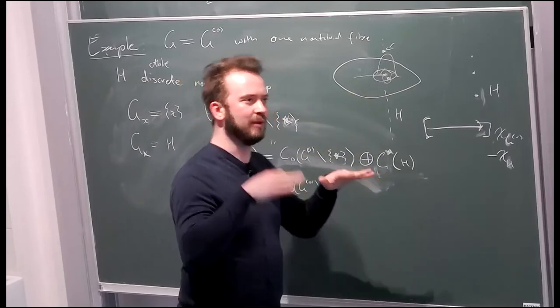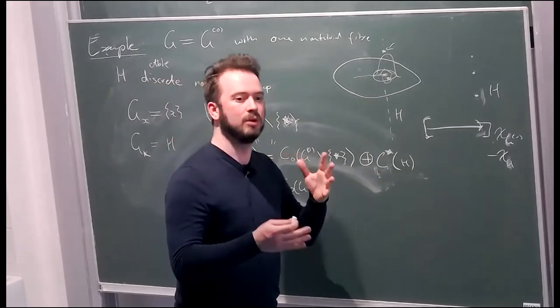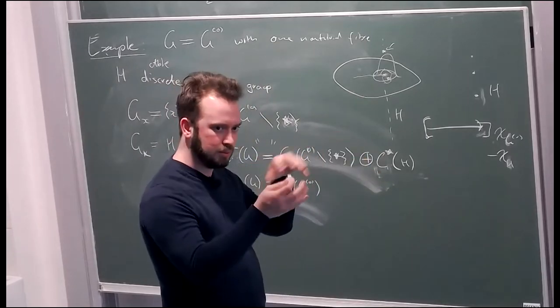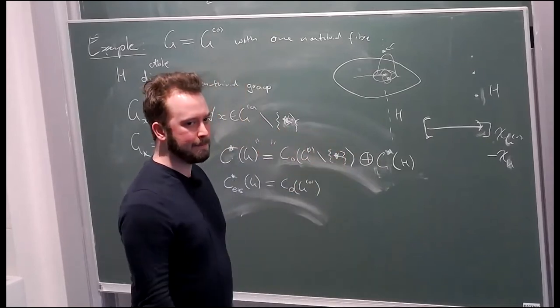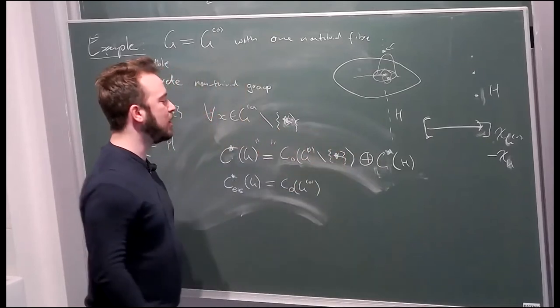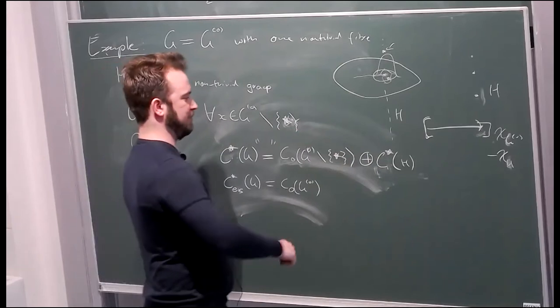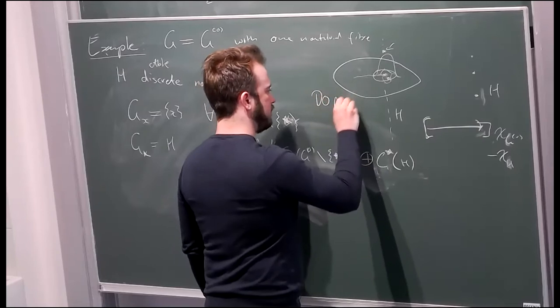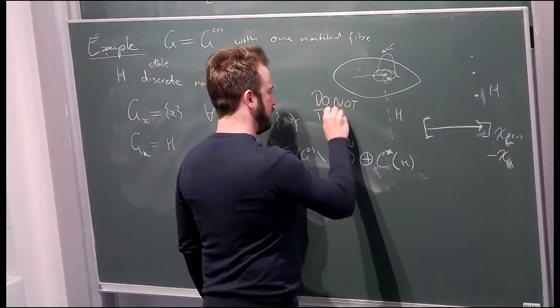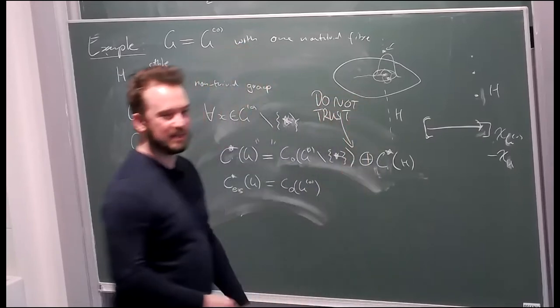If you have a groupoid that isn't fully a group bundle, you can have some genuine difference. Yeah. It's not quite a direct sum. This is very hand wavy. Do not trust. It's the vibe.